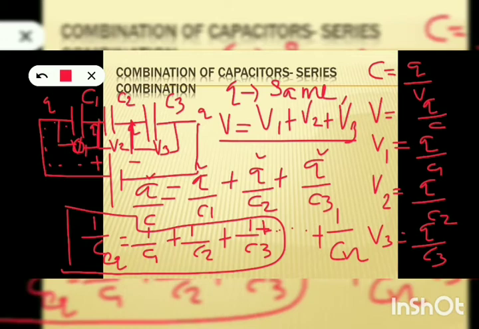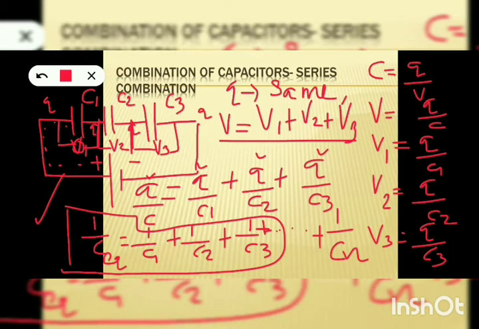For resistors in parallel combination we have a similar formula, but for capacitors in series combination we have this type of formula. So when capacitors are connected in series, how will you find the equivalent capacitance? Using this equation: 1 by C equivalent is equal to 1 by C1 plus 1 by C2 plus 1 by C3. If there are n capacitors, it will be 1 by C1 plus 1 by C2 plus etc. plus 1 by Cn.